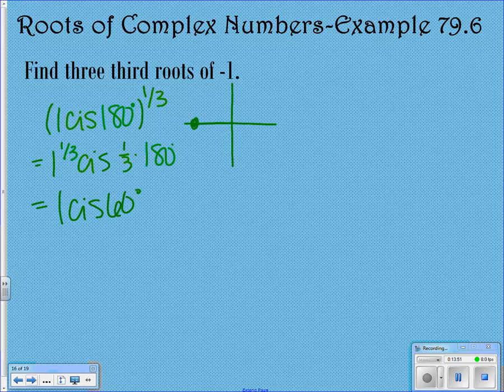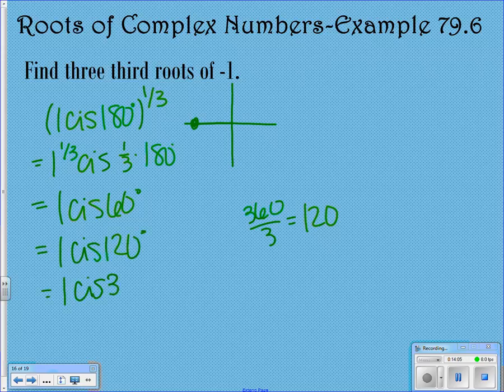Now we say 360 divided by 3, that gives you 120. So we add 120, and we get 1 CIS 180, and then we also get 1 CIS 300. And so those would be your 3 answers.